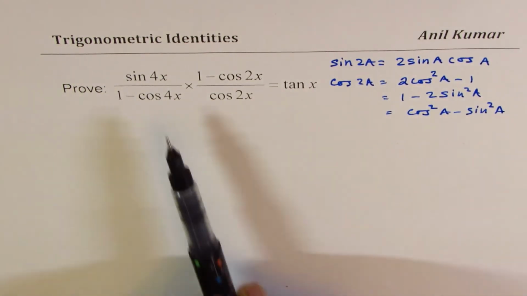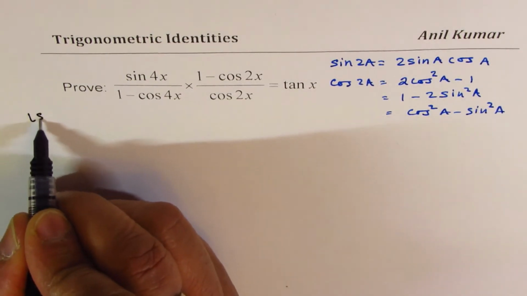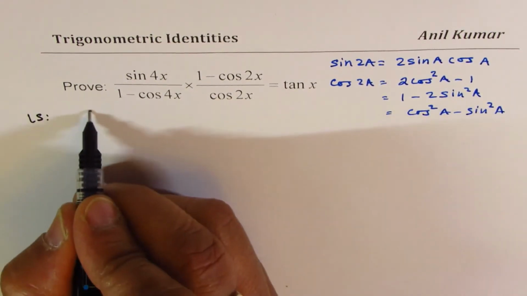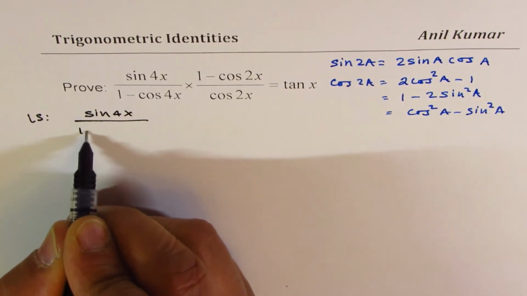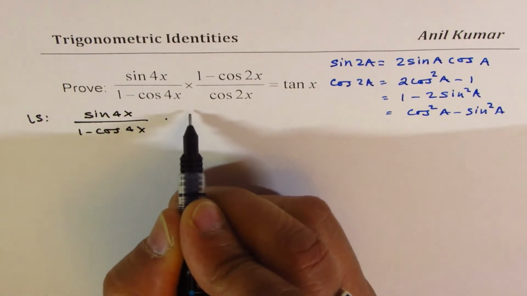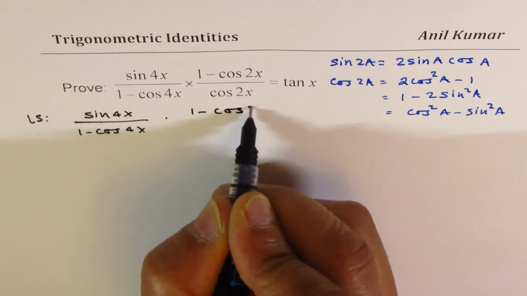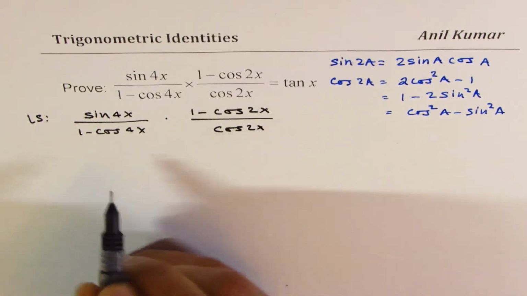To prove the identity, we'll begin with the left side, which is sine 4x over 1 minus cos 4x times 1 minus cos 2x over cos 2x.